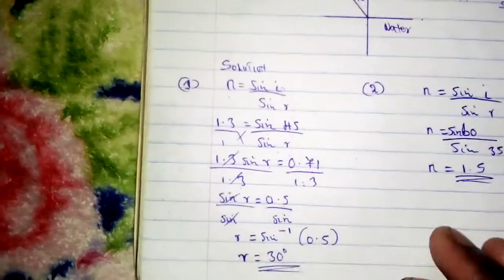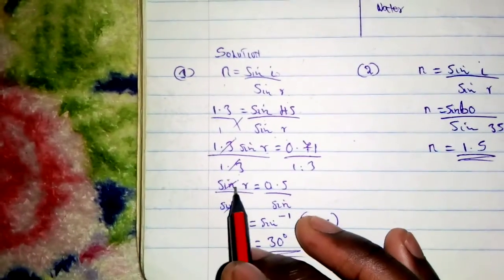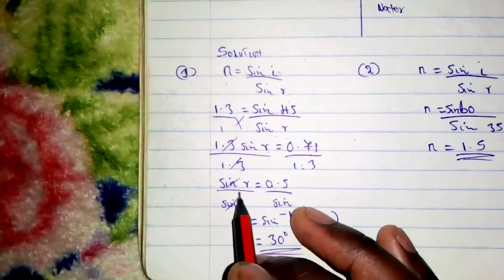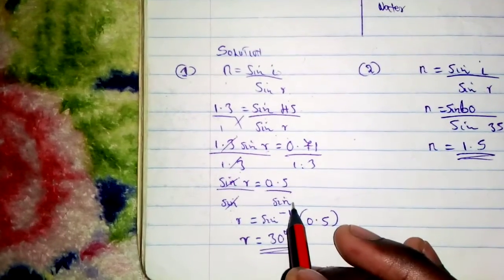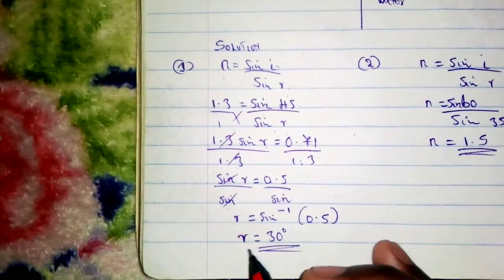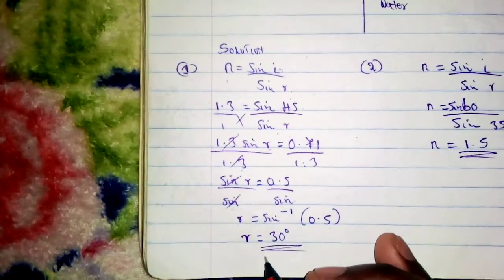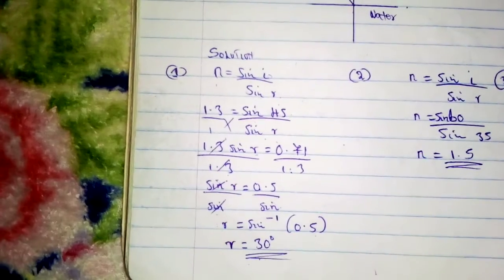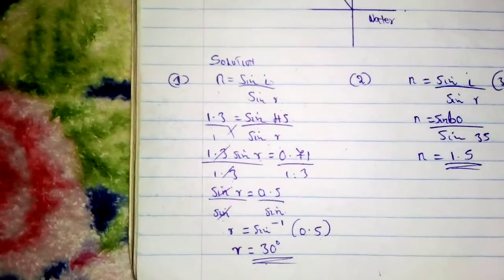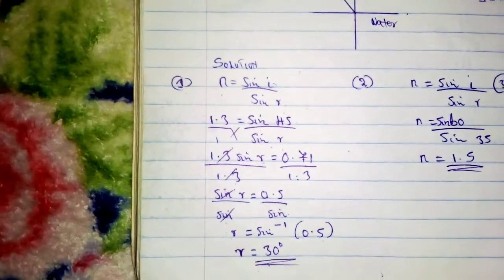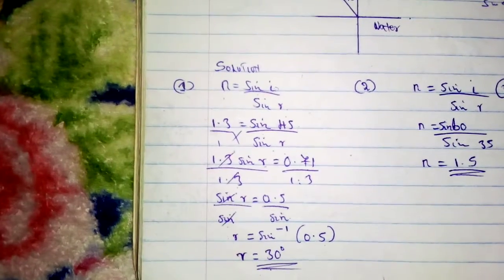Now, you want to remain with R, so you're going to take the sine inverse of 0.5. So this gives us an angle of 30 degrees. So this is how we handle questions when it comes to refractive index.